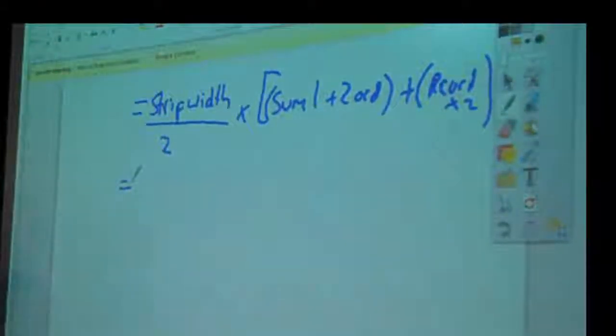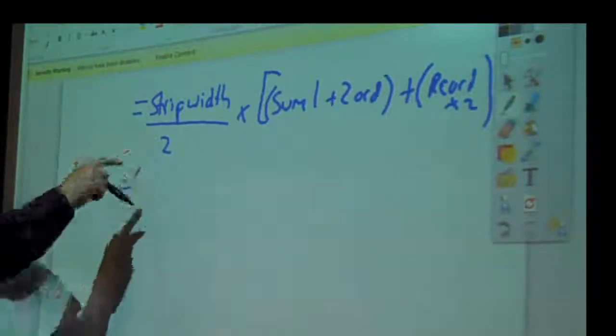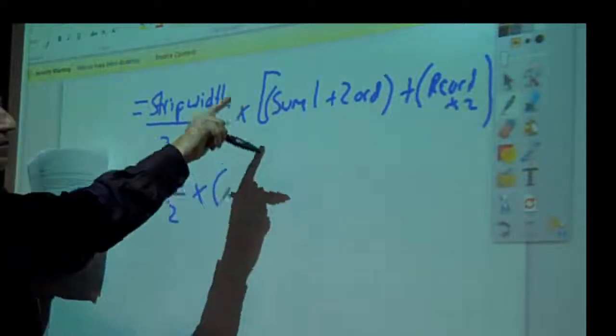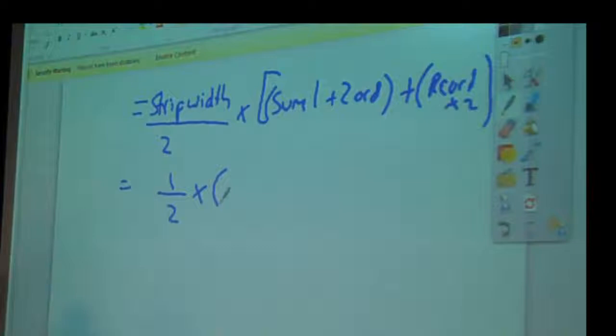So, the strip width, if you remember rightly on that graph, was 1, 2, 3. So the strip width is 1, so it's 1 divided by 2 times the sum of the first and the second ordinates. If you remember rightly, there were 5 and 44 on that graph, so on the table.